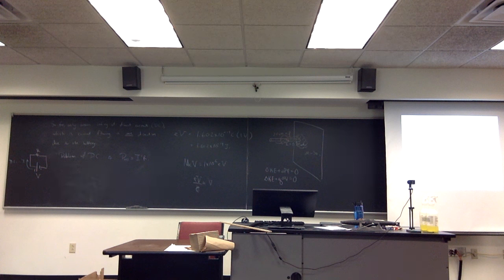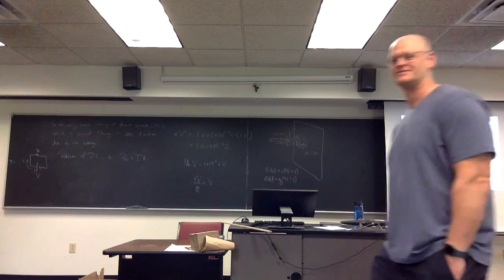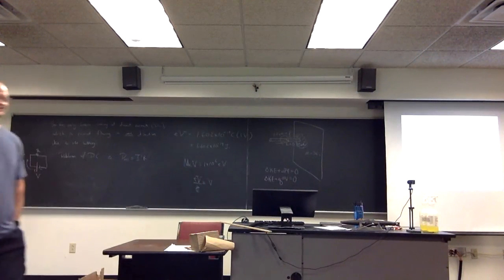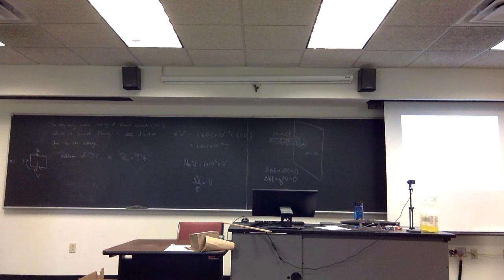So it should be 10 megavolts. Yeah, you're taking 20 mega electron volts and dividing by 2e. So the e's will cancel, giving you just 10 megavolts. Or you can do a bunch of conversions and then get there.